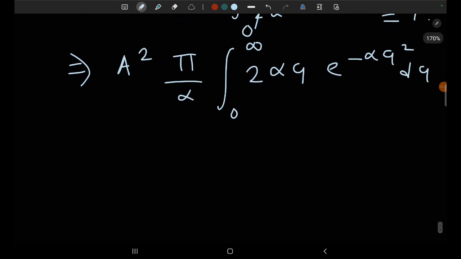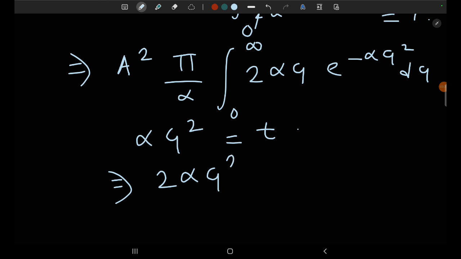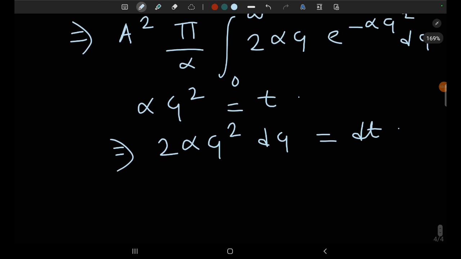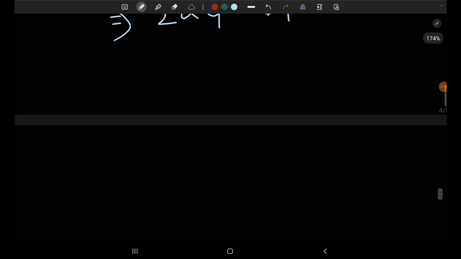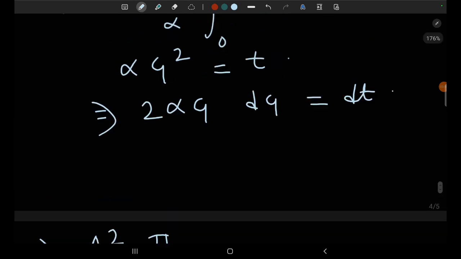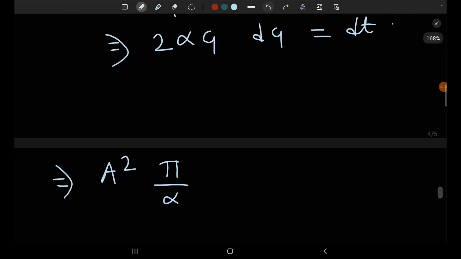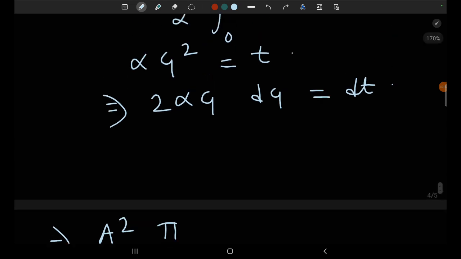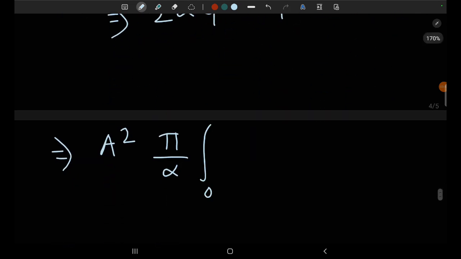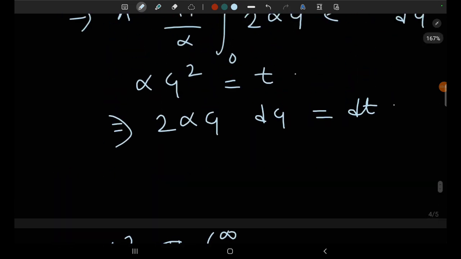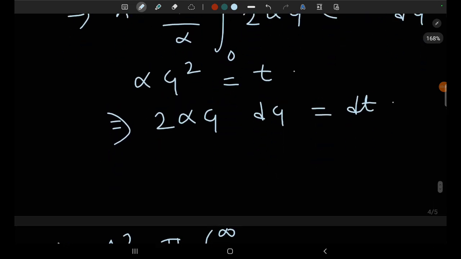We take alpha c1 squared as t, and 2 alpha c1 dc1 is then equated to dt.